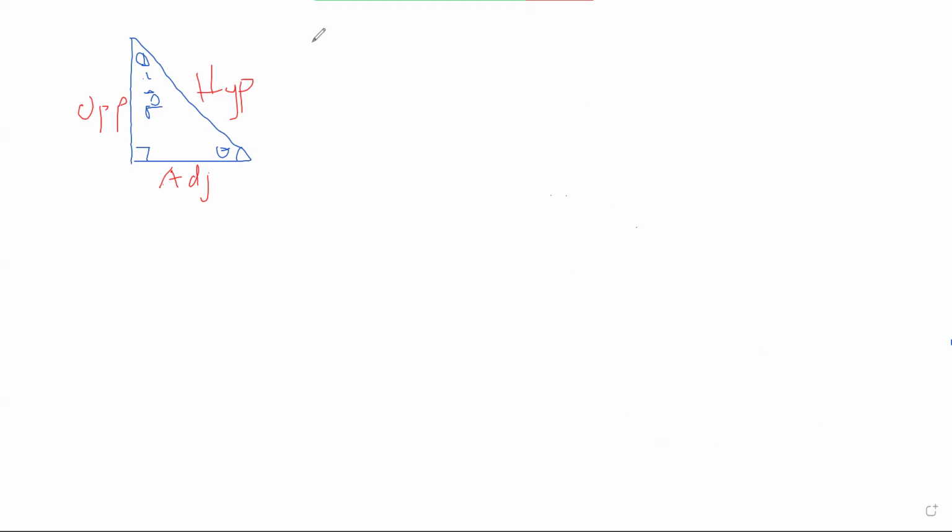And what are those trigonometry ratios? Very common. We have our sine, we have our cos, or let's use it fully, cosine, and we have our tangent.